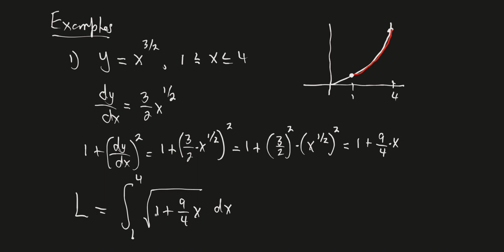Now, the quantity 1 plus 9/4 x is not a perfect square. Right? So we're going to use a u-sub, and what I'm going to use is the entire expression under the radical. Right? So I'm going to let my u be 1 plus 9/4 x.